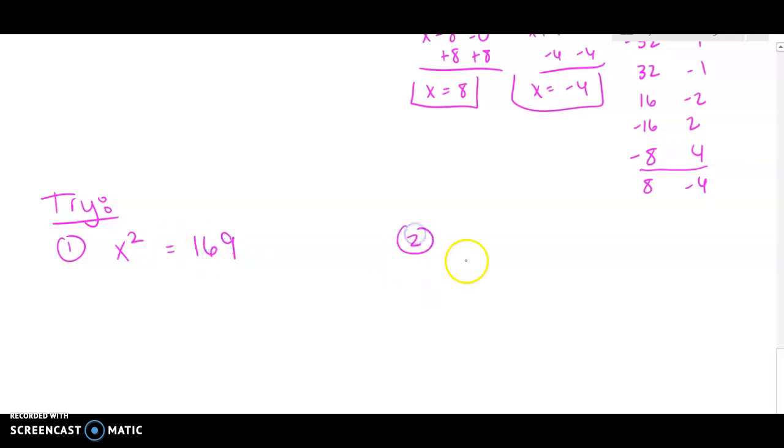And then number 2, let's say it is x squared minus 16x plus 64 equals 0. Yeah, I like that. So give those a try, pause the video, and give it a go.